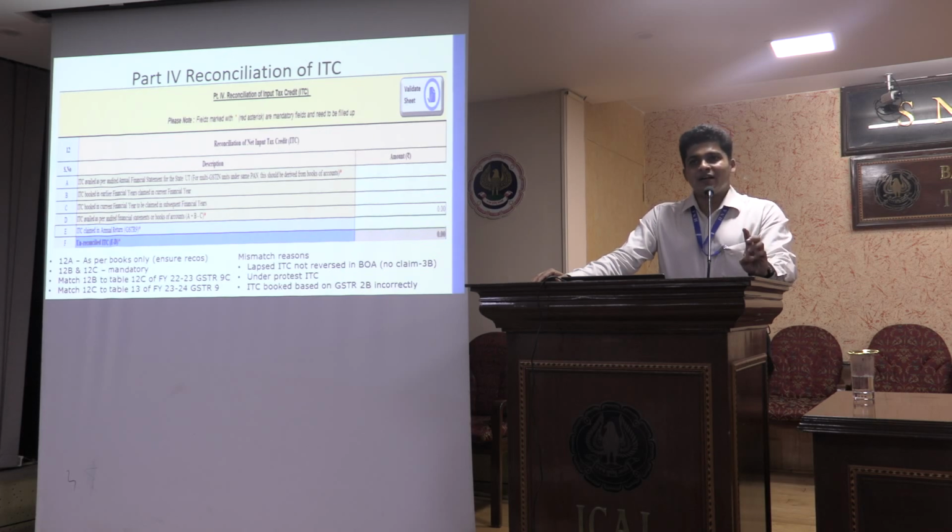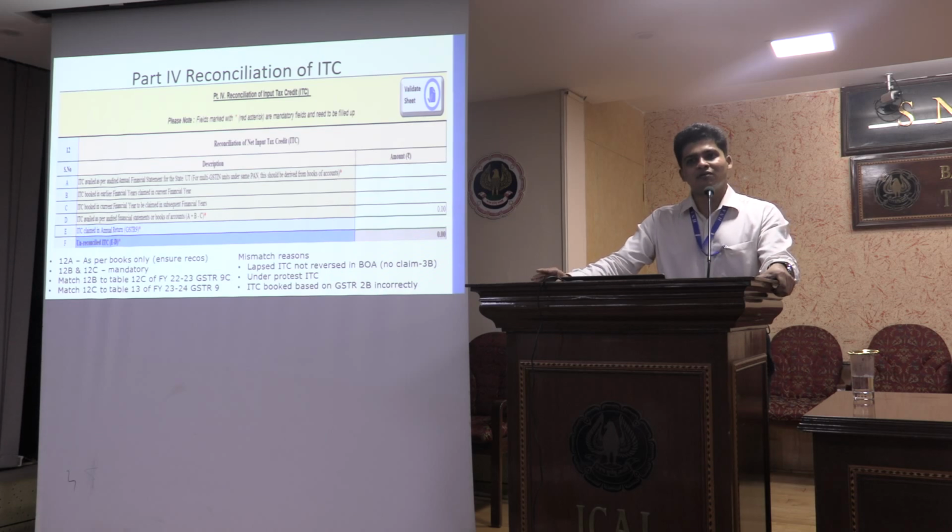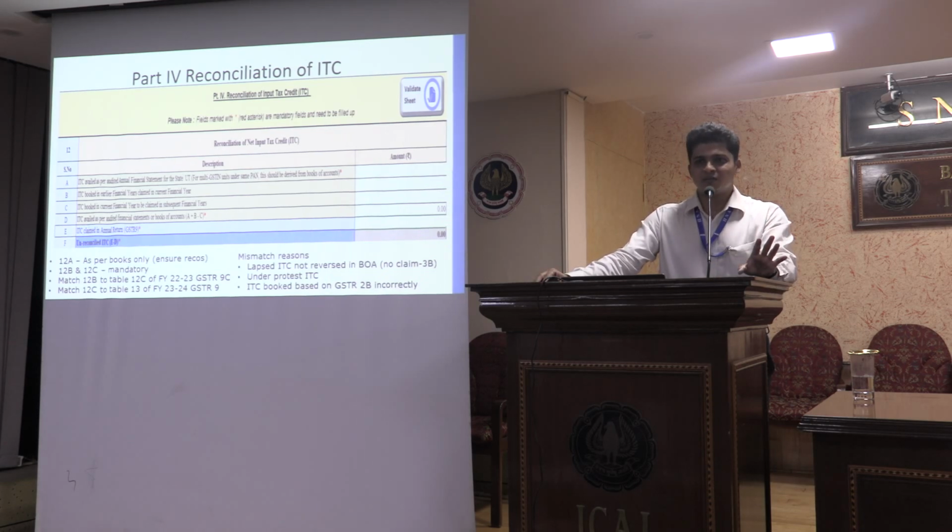But where this value 80 and 100 is switched, say last year you have put 80 but this year you are showing 100, this indicates that there was an error in your ITC calculation in the previous year. Last year you said that you will claim only 80 in the next year. This year you have told you have claimed 100. This could mean that you have claimed the same invoice 2 times to the department.